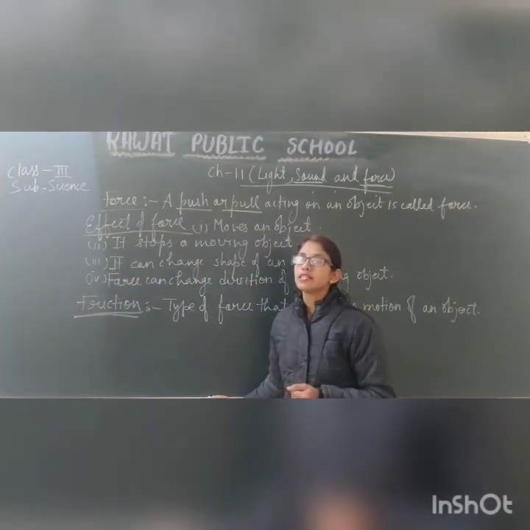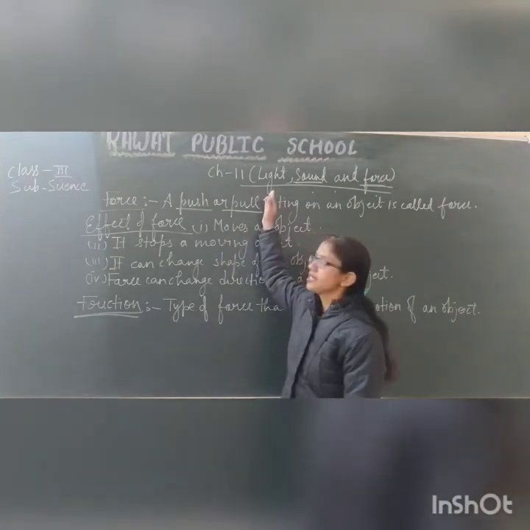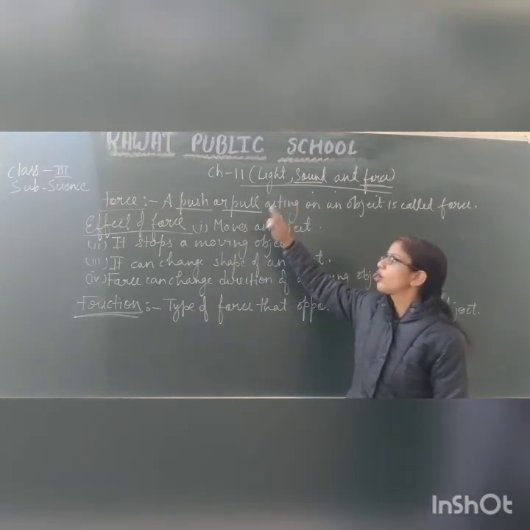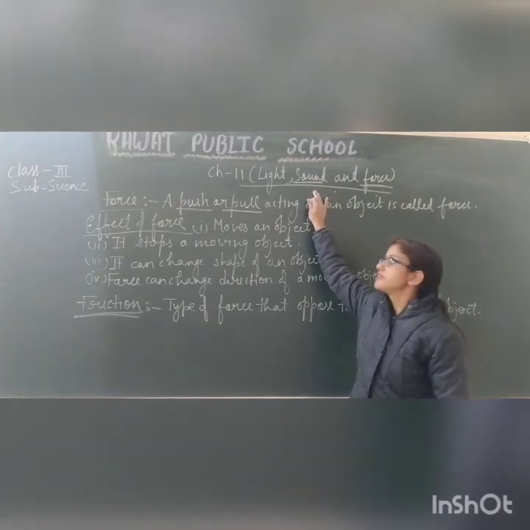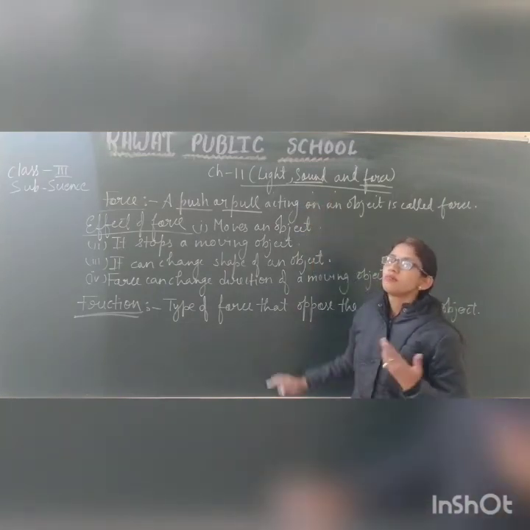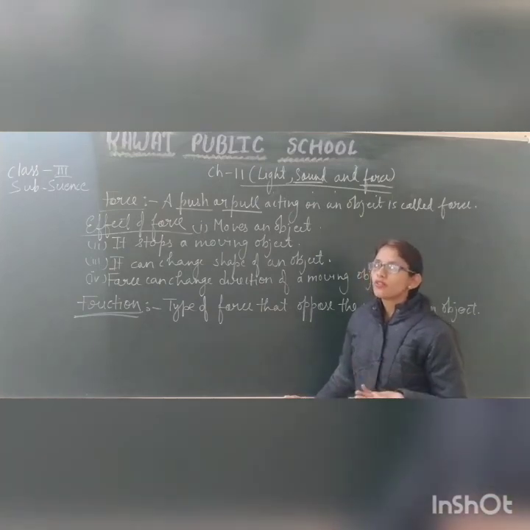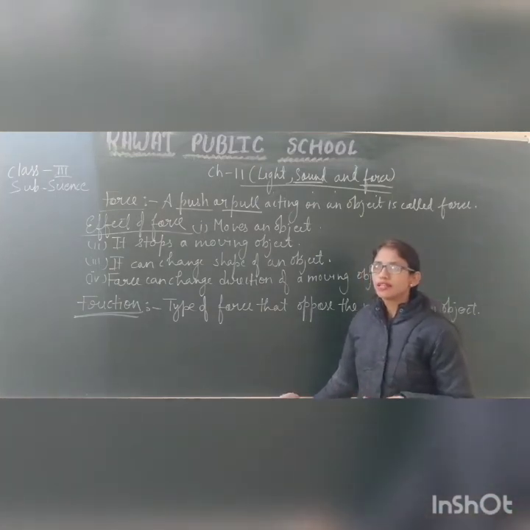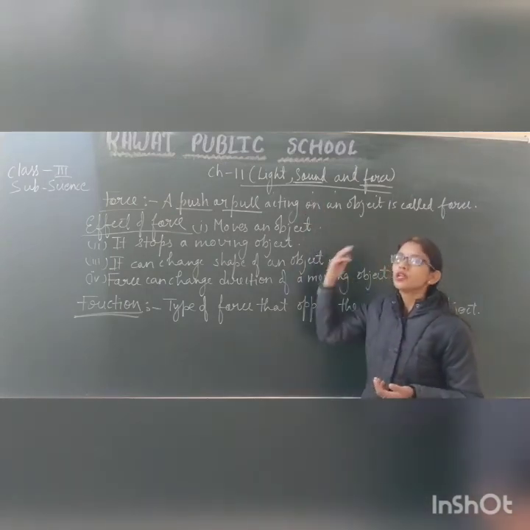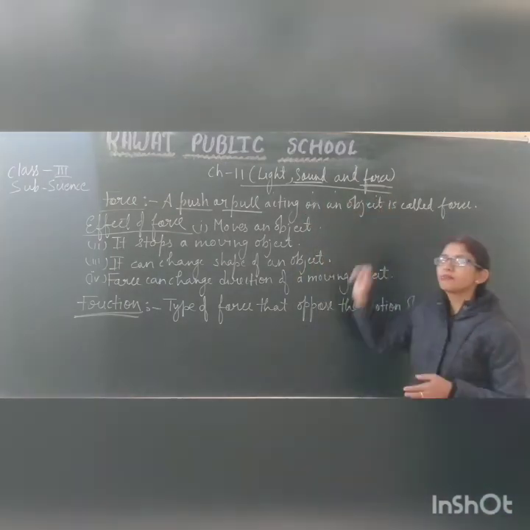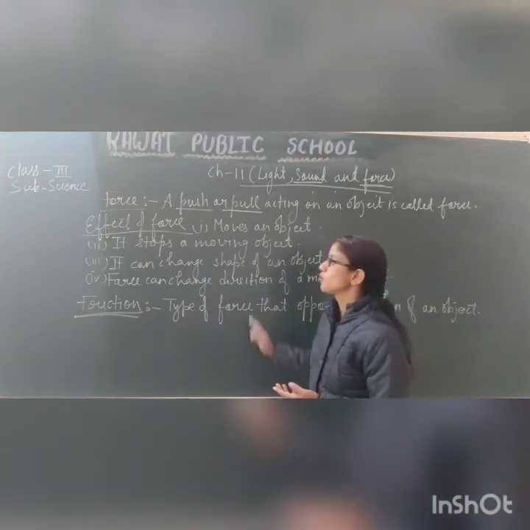So students, in this chapter we have studied about light, which is a form of energy that helps us to see objects, and about sound that we hear, which is of two types, music and noise. Soft and pleasant sound is known as music, and loud and unpleasant sound that irritates us is known as noise. After this, force: a push or pull acting on an object is known as force.